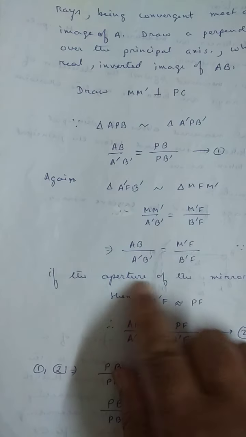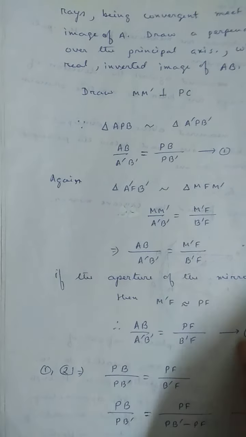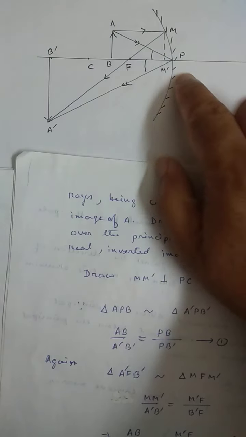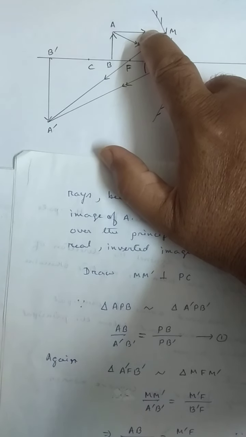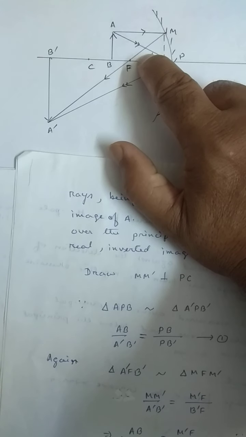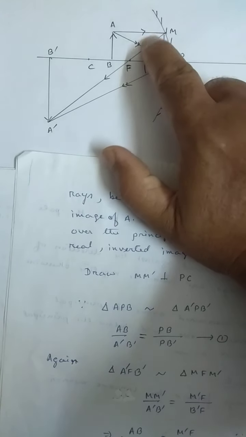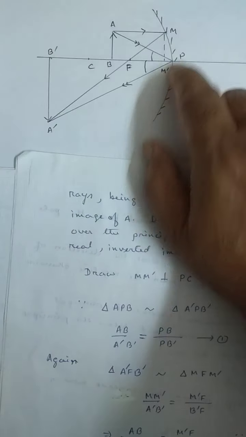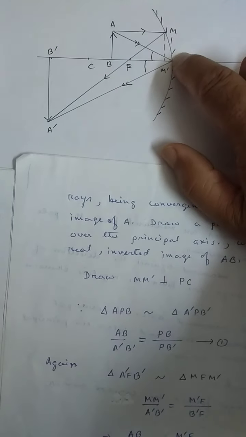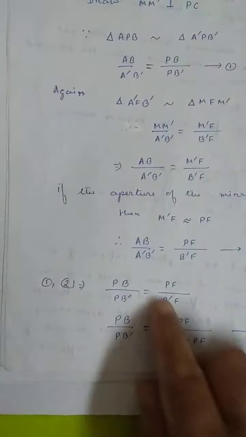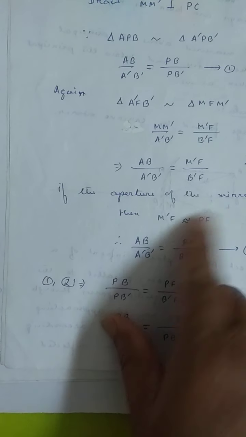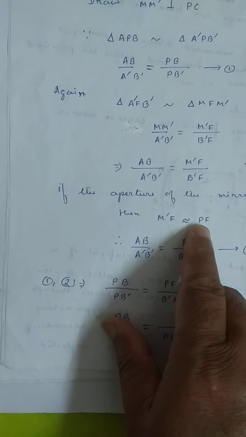Sometimes, instead of saying the aperture of the mirror is small, we may also say that for the paraxial ray, meaning this light is very close to the principal axis. If the ray is very close to the principal axis, then what happens? The point M will be somewhere here, so therefore M' is almost equal to P. Therefore, if the aperture of the mirror is small, M'F is equal to PF.